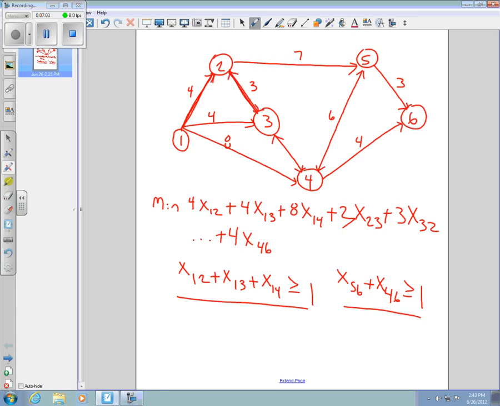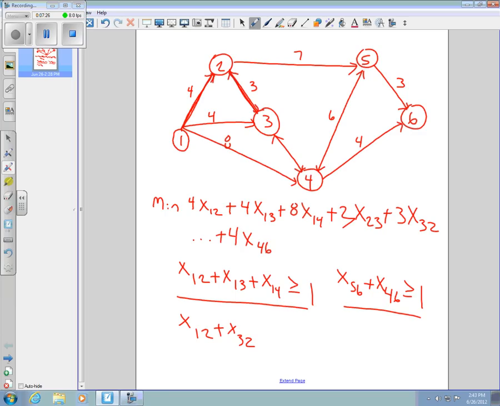If you leave, whatever leaves must equal whatever came in. So we can write it this way. Let's look at every arrow going into node 2, and we see X1,2, and we also have X3,2. Okay?